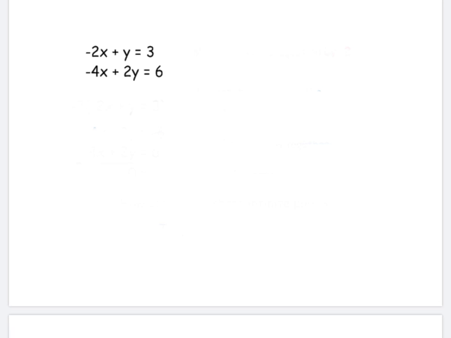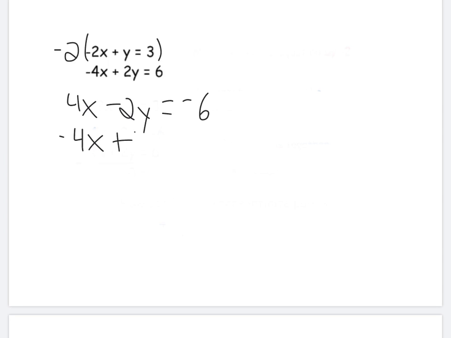In order to make -2 and -4 opposites, I'd have to multiply that top equation by -2, right? Because -2 times -2 gives me the +4 for the opposite. So I'm going to multiply this whole top equation by -2. So -2 times -2x gives me 4x. -2 times y is -2y, and then -2 times 3 gives me -6. So then I have my second equation, which I'm leaving the same, so -4x plus 2y equals +6.